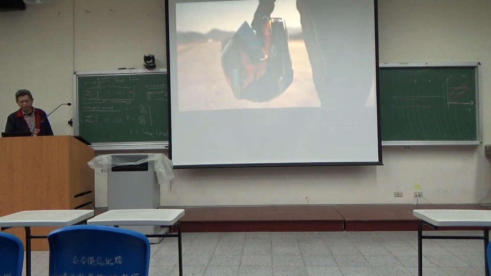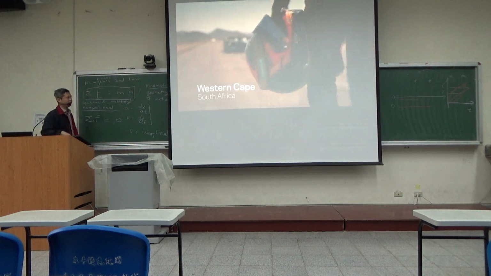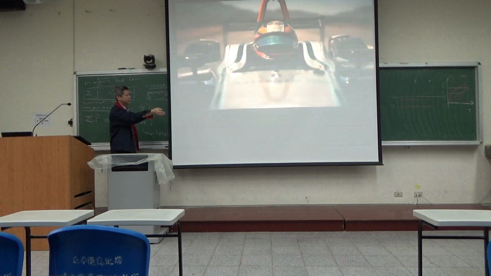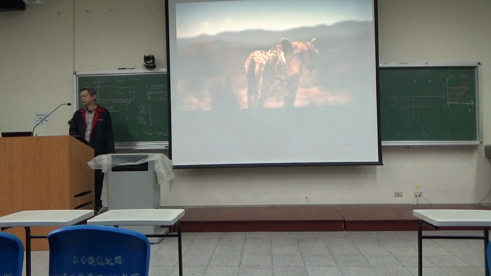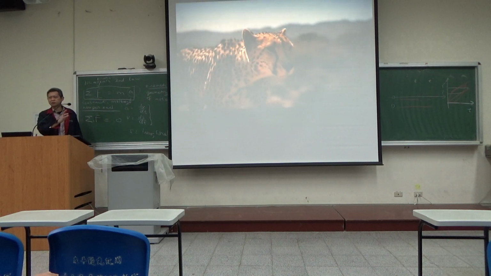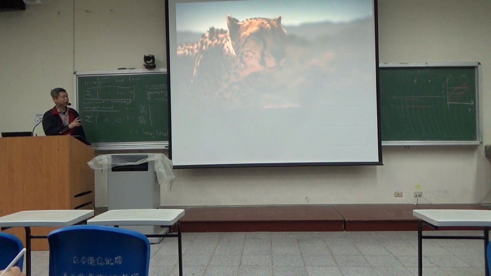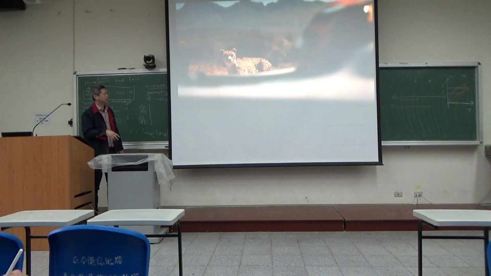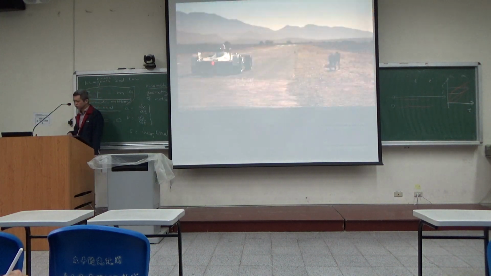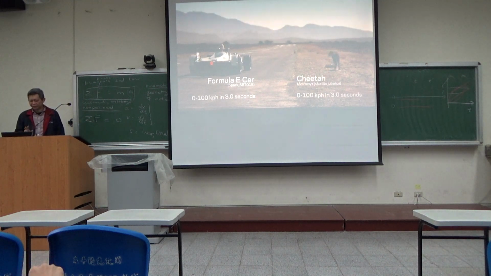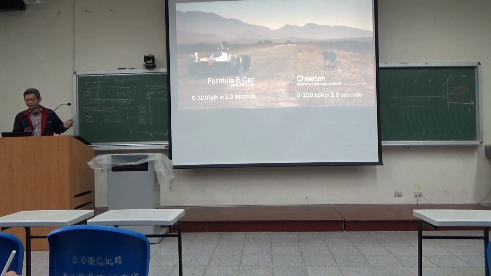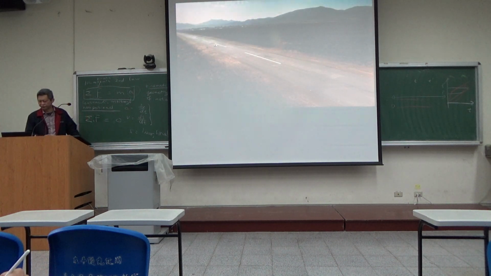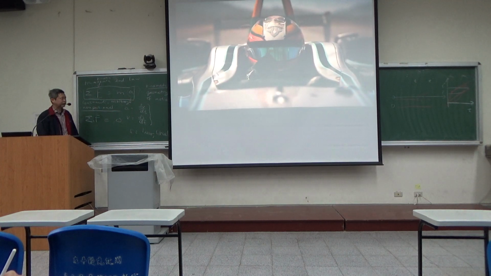Now we have an unconventional race between a racing car and a cheetah. Why this comparison? They are trying to match the acceleration of the cheetah, but you can clearly see they are having different paths. One is on the road, one is on uneven terrain.